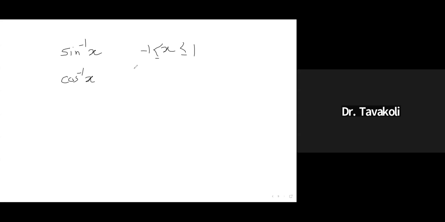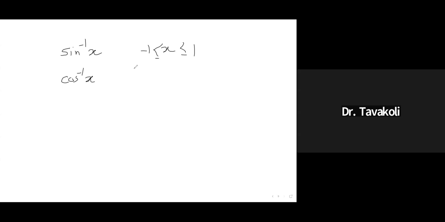Sine inverse is the inverse function of sine when we restrict the domain from -π/2 to π/2. But in any case, sine inverse is defined from -1 to 1, because the range of sine will be from -1 to 1. The domain of the inverse function is the range of sine. That's why the domain is from -1 to 1.